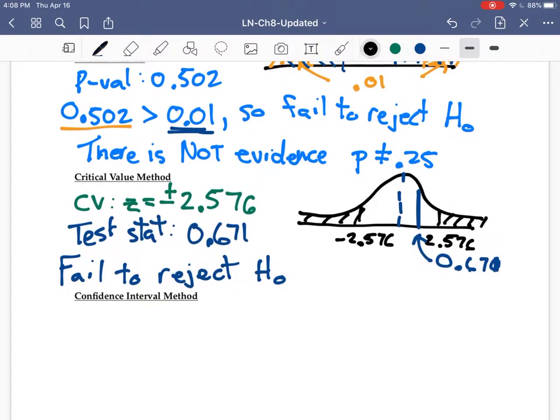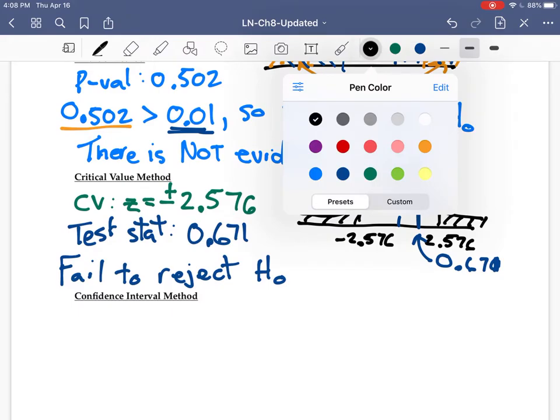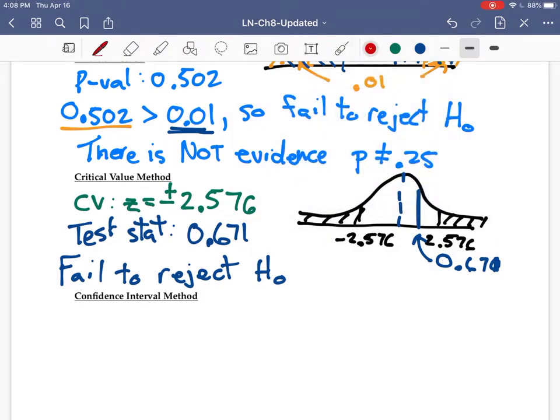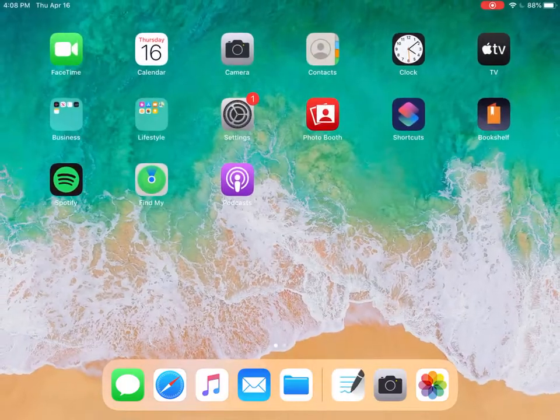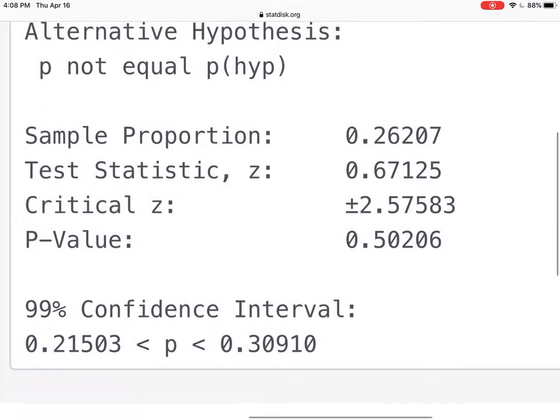A third method that we could use is a confidence interval method. So let's go back to StatDisk. There at the bottom, we have a confidence interval associated with this: 0.215 to 0.309.